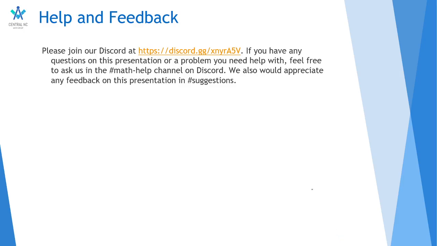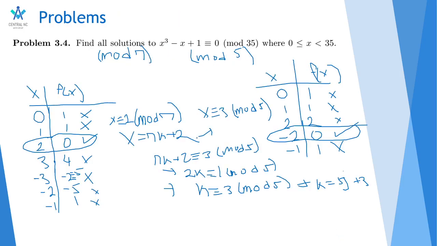Now we can substitute this back into our expression for x. So x is equal to 7 times 5j plus 3, and then plus 2.